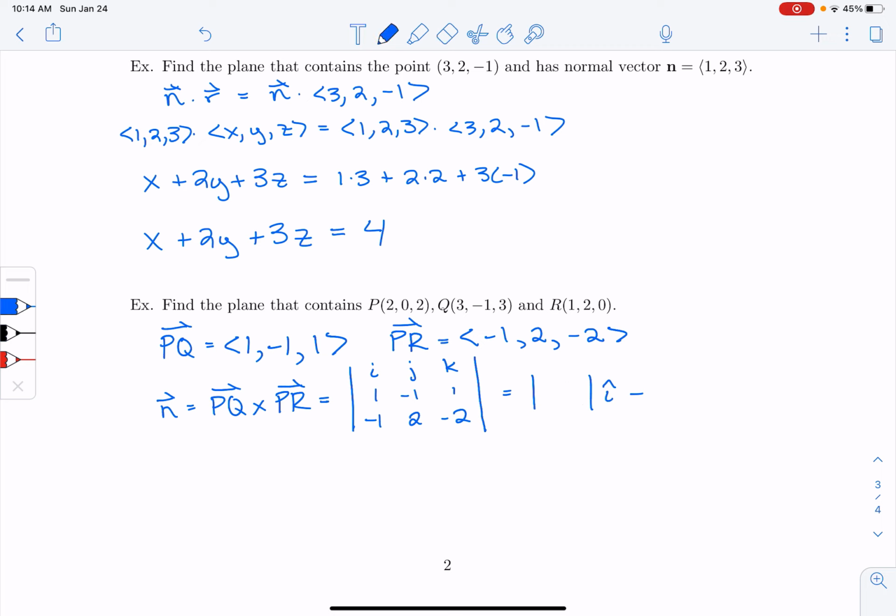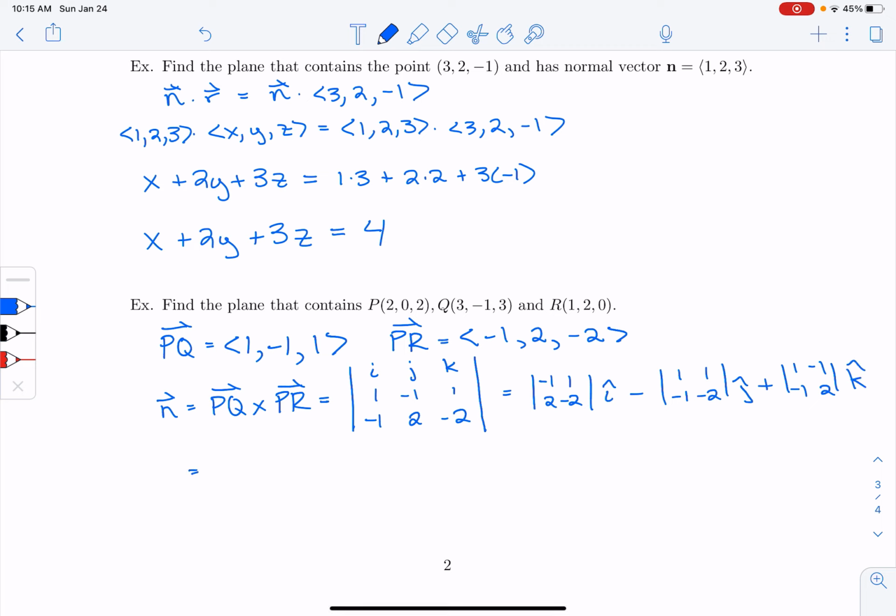It's actually the matrix negative 1, 1, 2, negative 2 times i, minus the determinant of the matrix 1, 1, negative 1, negative 2 times j. And then finally, plus the determinant of 1, negative 1, negative 1, 2 times k.